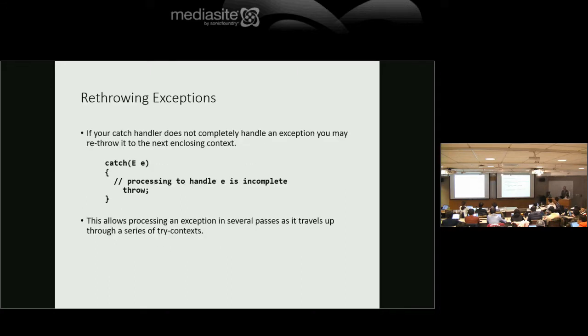All right. Rethrowing. I may rethrow an exception. So why would I rethrow an exception? This will rethrow e, but I could rethrow a different exception if I wanted to here. The reason is that somewhere fairly low in my set of enclosing try-catch scopes, I may catch an exception that I have some detailed low-level knowledge about, but I don't know enough to handle it.